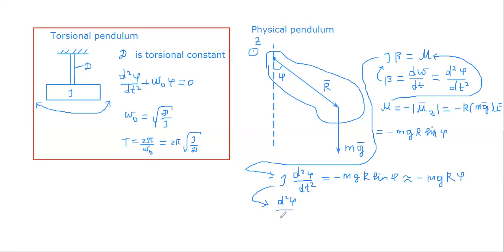I can write the differential equation for the physical pendulum. d2 phi by dt2 plus m g r divided by the moment of inertia of the physical pendulum multiplied by the angle of rotation, and this is equal to 0.